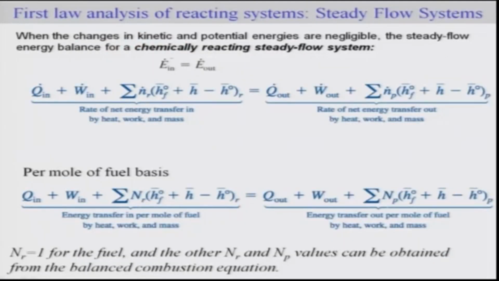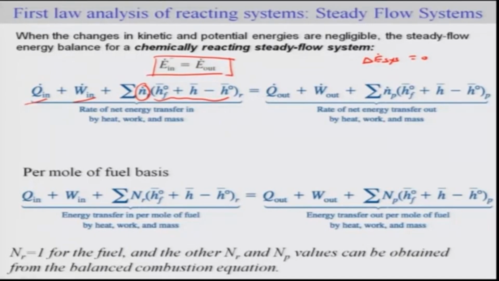For the case of a steady flow system, we can consider delta E system to be 0, and thus the rate of energy in should be equal to the rate of energy out. This E in can be written due to the contribution of heat in, work in, as well as the energy transfer due to mass, which includes the molar flow rate of the reactant multiplied by the enthalpy of the reactant.